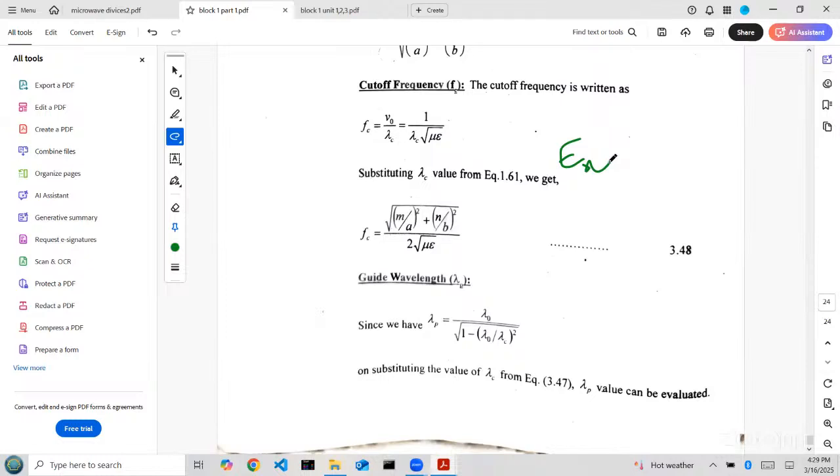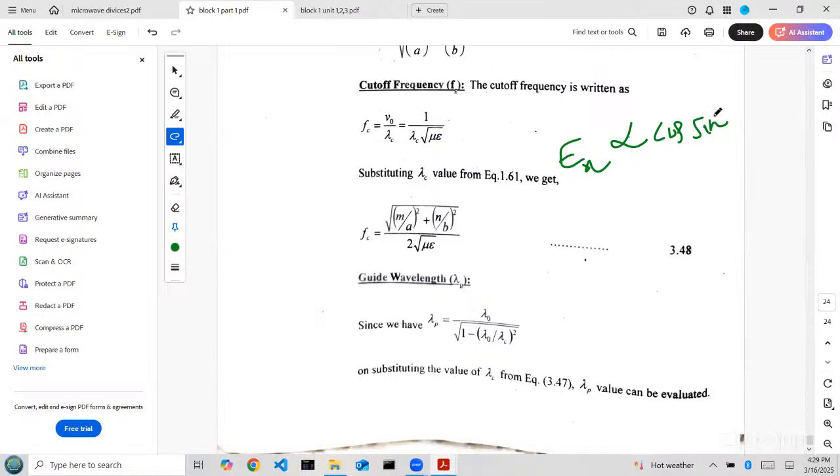Check 3.43 equation. Actually, we have EX also. EX is directly proportional to cos and sin. Afterwards, we will see why we are getting 0.